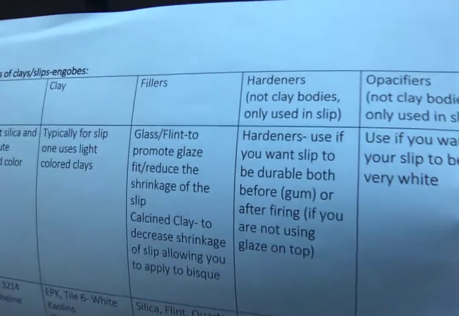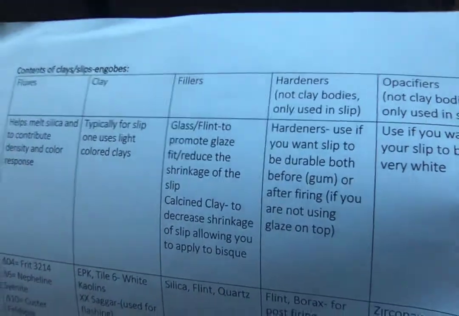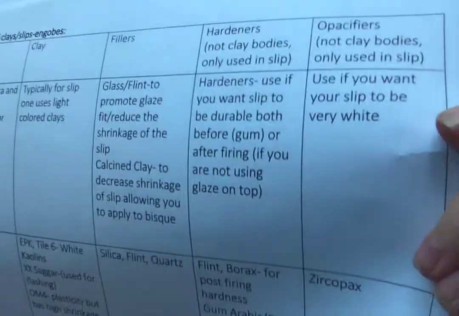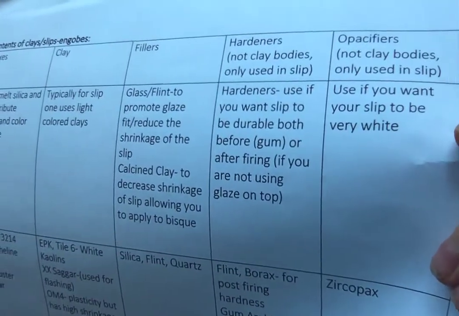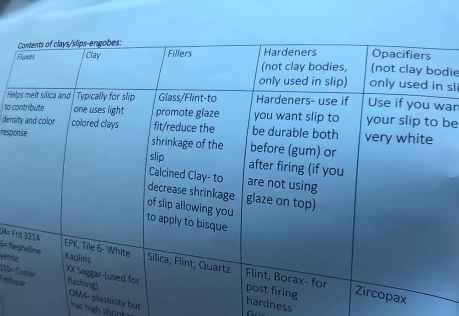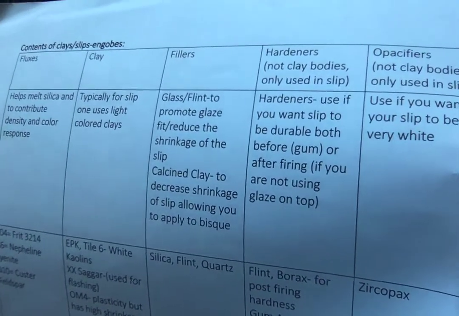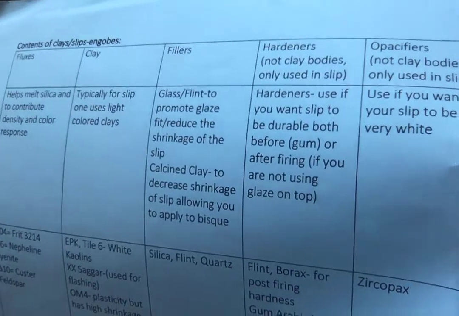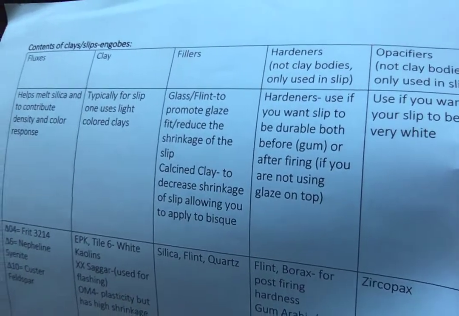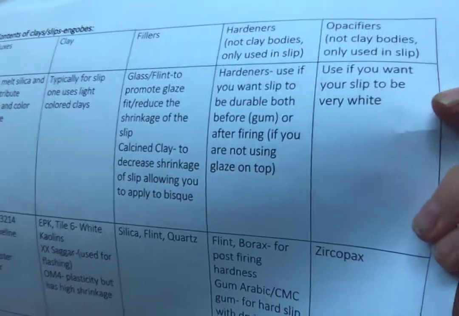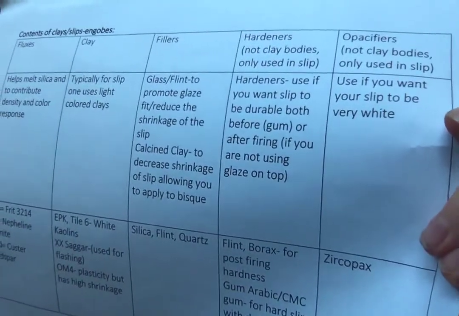All right, so hardeners. You don't use these in clay bodies. You only use them in slip. You want to use them if you want your slip to be durable both before you put it in the kiln, when you would be using gum Arabic, or after firing if you're not using glaze on top. So you're trying to make your slip extra durable because you're not going to be making it durable with glaze.